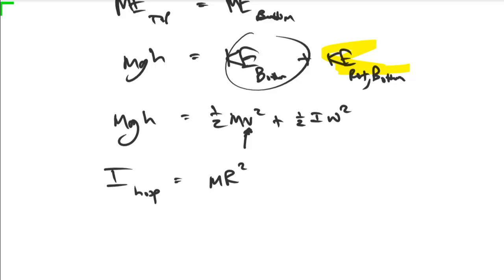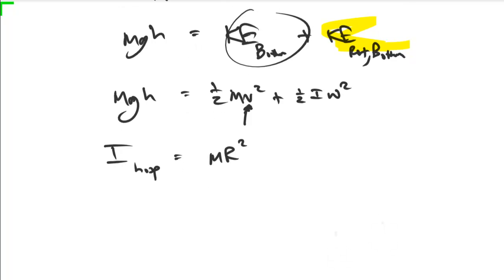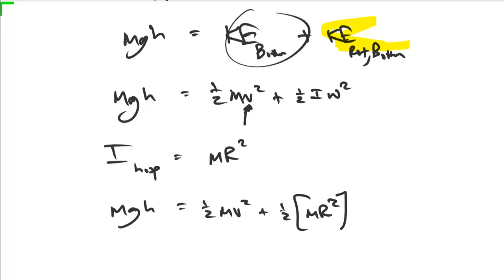Because it's actually the same equation as a point mass, because all of its mass is distributed an equal distance from the center. So let's see, we can write this out then as mgh is equal to 1/2 mv squared plus 1/2 of mr squared omega squared.